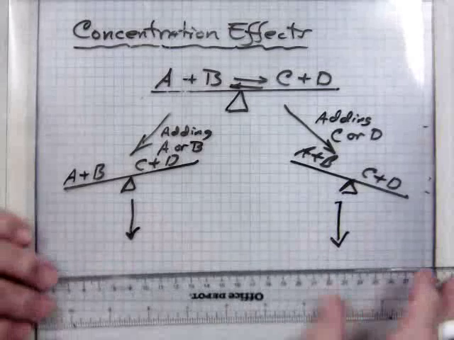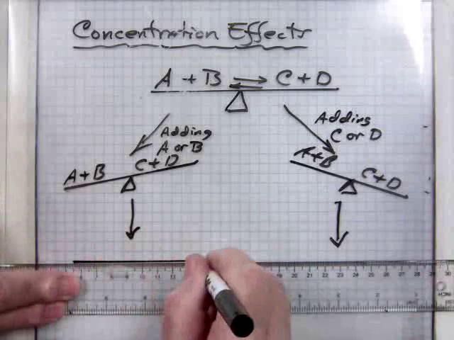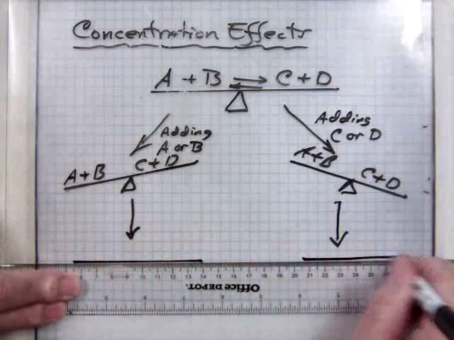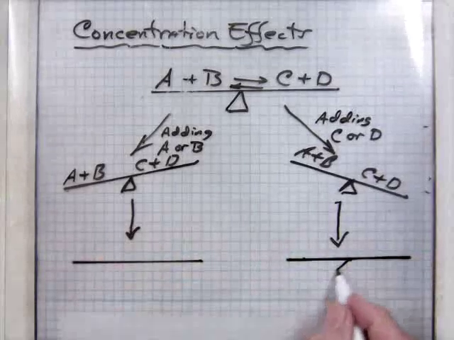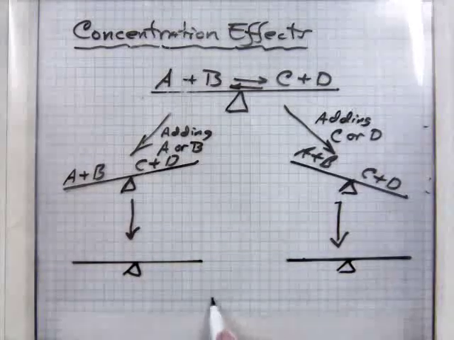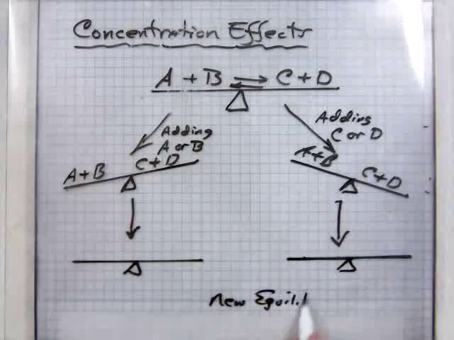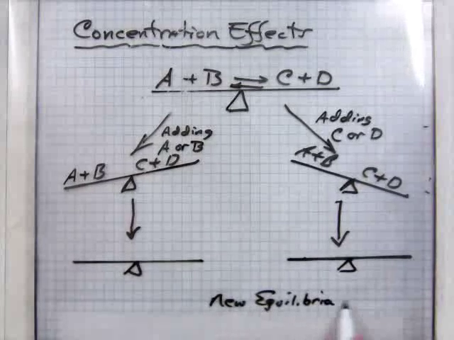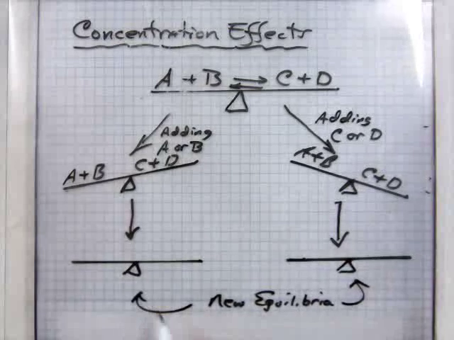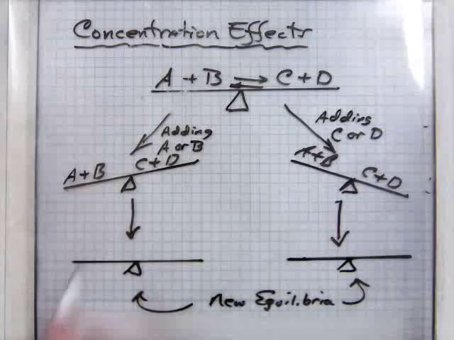And so on both of these, we redraw our seesaws showing a level condition like this. And this would be the new equilibrium, depending on what happened in the shifting of the reactions.